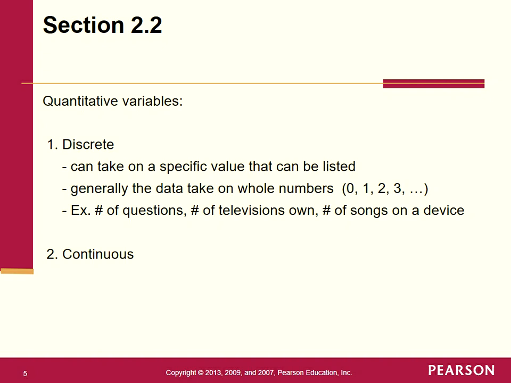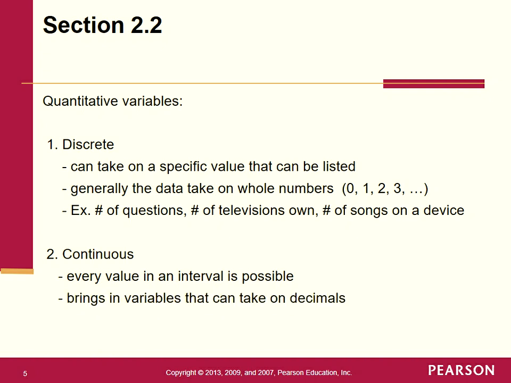What about continuous? Every value in an interval is possible at this point. What's happening here is that it brings in all the variables that can take on decimals. What do I mean by every value?